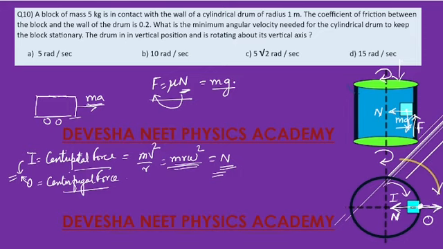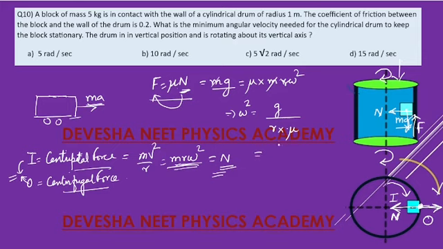We said that N is m r omega square, so mu into m r omega square equals mg. The m gets cut, so omega square is equal to g by r into mu.